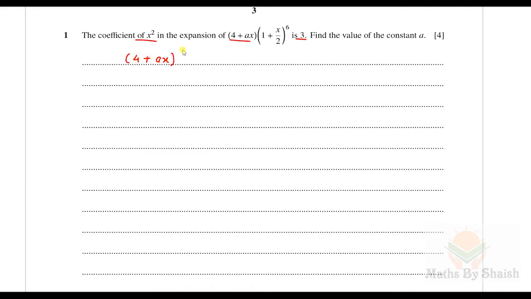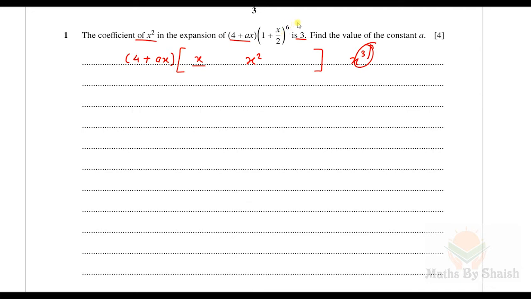If we multiply this 4 plus ax by either the x term or the x square term, then only we can get the x square. So we don't require the constant terms, and we don't require a coefficient with power more than 3. So we are going to expand it accordingly, and moreover we can see that it is (1 plus x by 2) whole power 6.